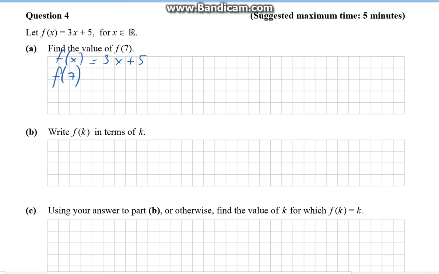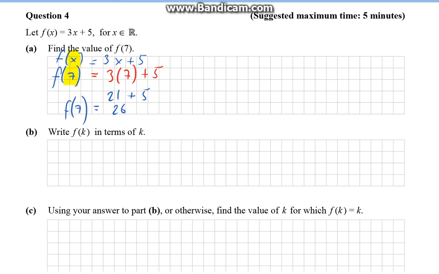So what is the x being replaced by? It's being replaced by 7. So it's very straightforward. Instead of x, we're going to replace it with 7. That will give us 21 plus 5, which will be equal to 26. So f of 7 is equal to 26.